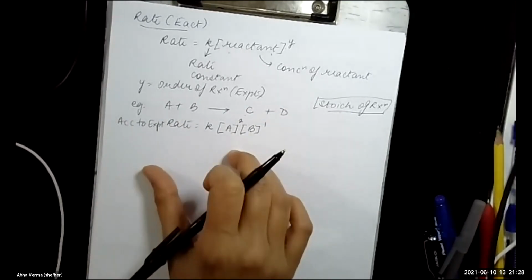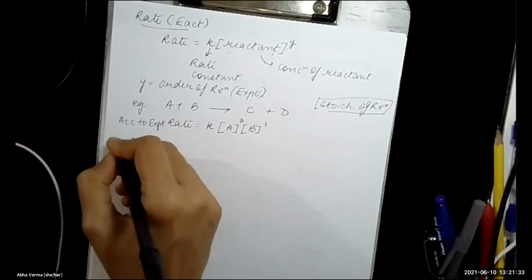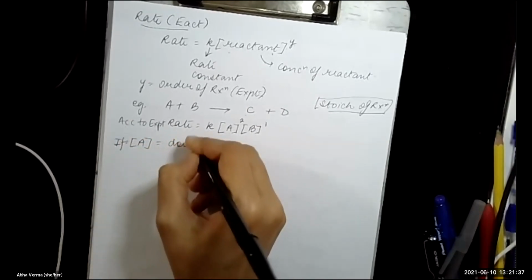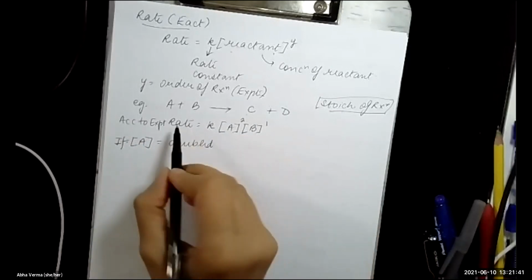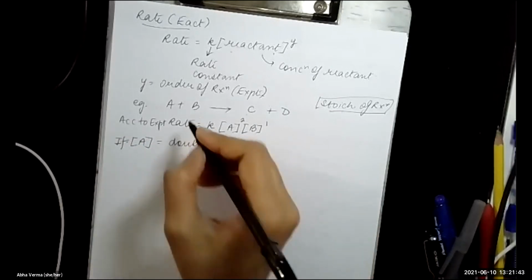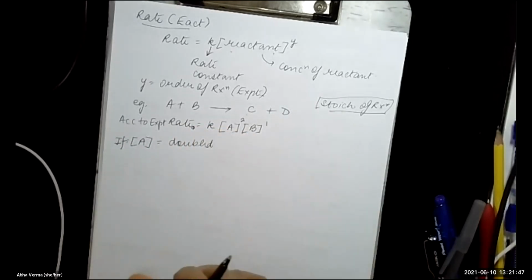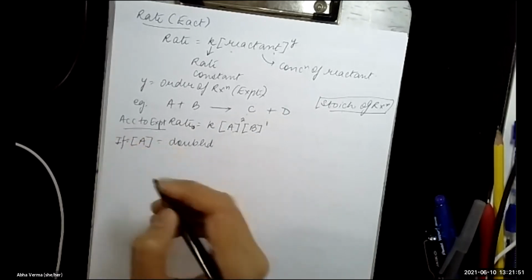So what will happen if the concentration of A is doubled? Okay, so this is our original rate. I'm going to label it as rate at 0. I'm not changing anything. This is what the experiment told us.